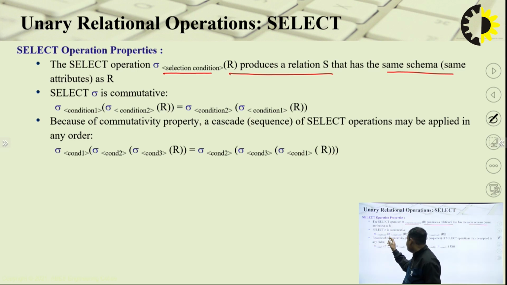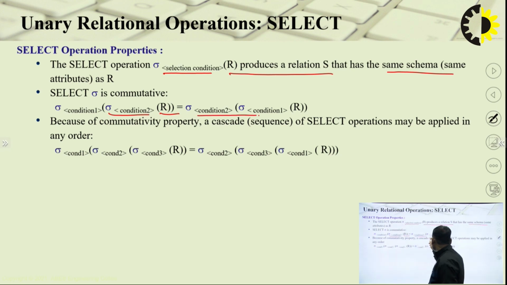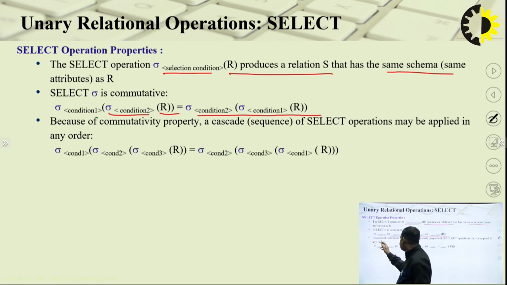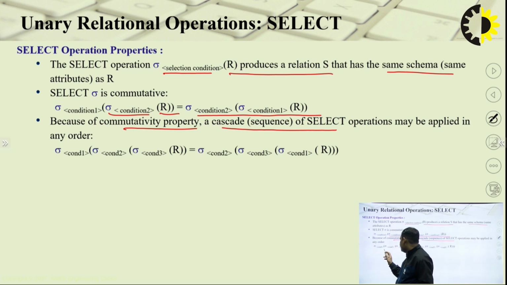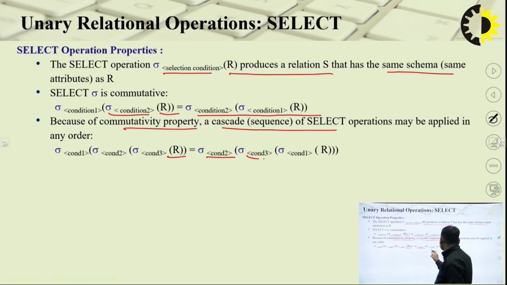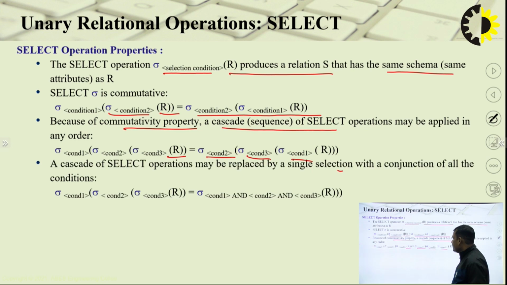A condition followed by a nested selection with another condition on the relation equals the reverse order. The third property, because of commutativity: selecting condition 1, condition 2, and condition 3 on relation R equals selecting condition 2, condition 3, and condition 1. Both the left-hand side and right-hand side are equal.